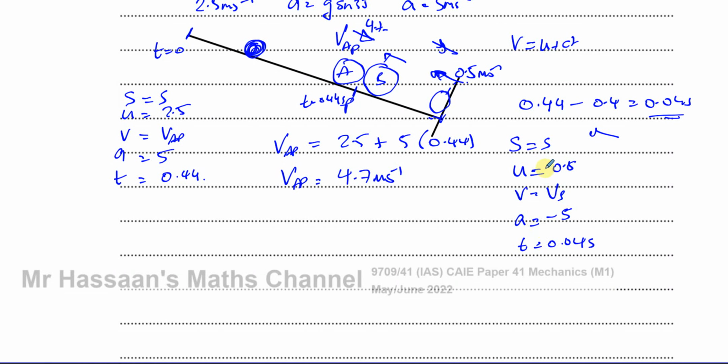So again, we can use suvat, we can use V equals U plus AT. So we can say the velocity of B at P is going to be U, which is 0.5, again I'm taking up as positive, plus A, which is minus 5 this time because it's acting down, times the T, which is 0.04 seconds. So the velocity of B at P, of course, is going to get less.